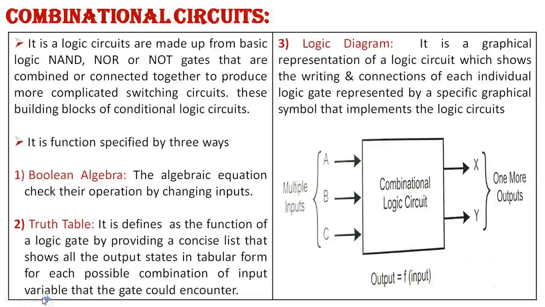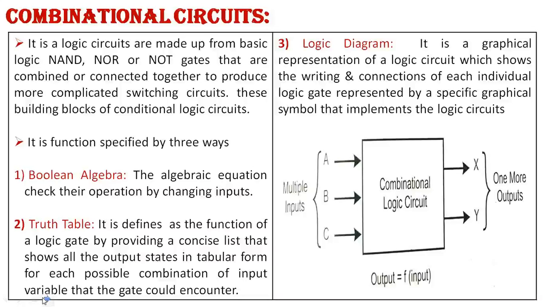First one is the Boolean algebra. The algebraic equation checks their operation by changing inputs. Second one is the truth table. It defines the function of a logic gate by providing a concise list that shows all the output states in tabular form, for each possible combination of input variables that the gate could encounter.